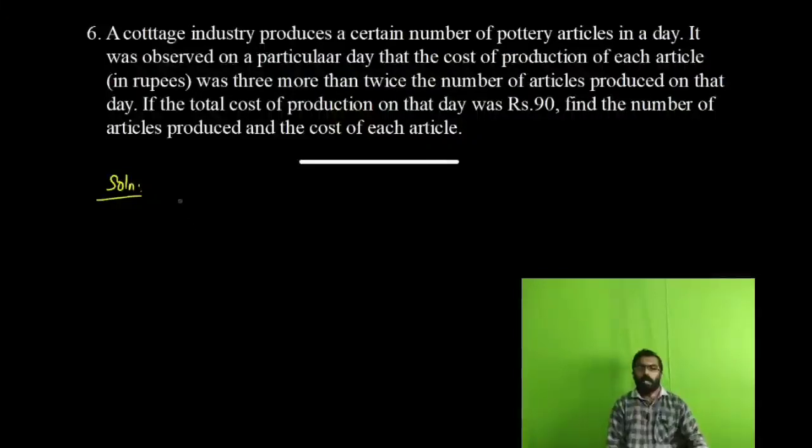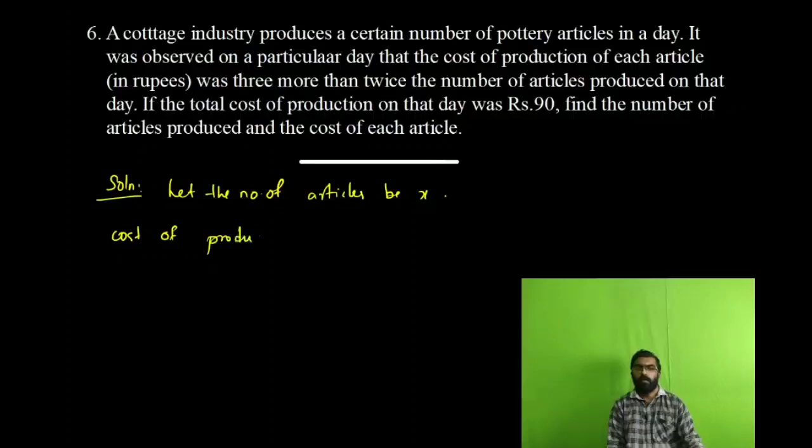Here we can take the number of articles as x. So let the number of articles be x. Then we can write the cost of production. Cost of production of each article, or one article, will be equal to what is given in the question.